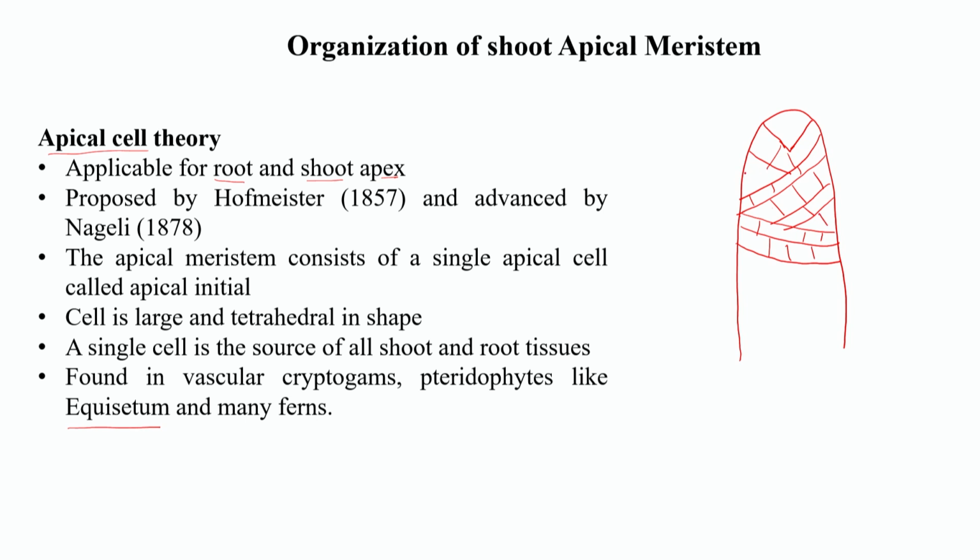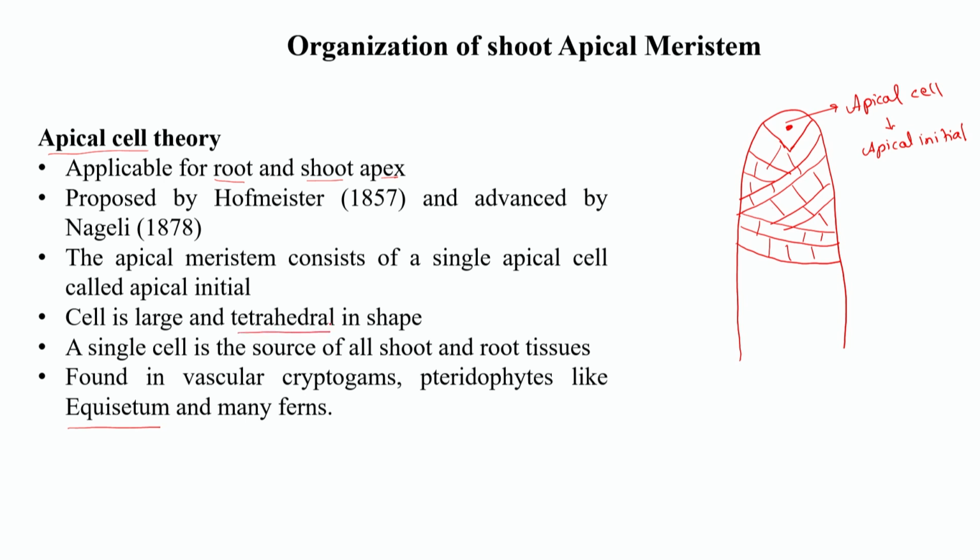If we analyze these layers of cells present in the shoot apical meristem, we will find that there is a single apical cell located at the top or terminal position, which is known as the apical cell or apical initial. This single cell will give rise to all other cells, and finally these derivative cells will form different cell types.